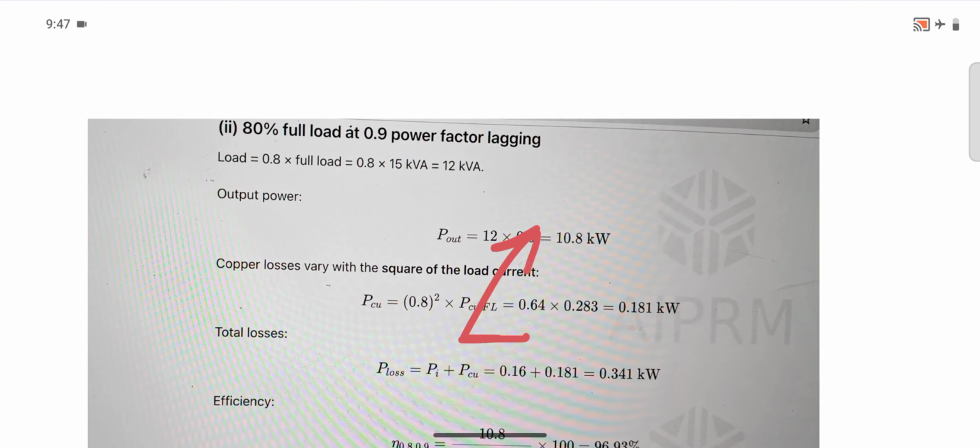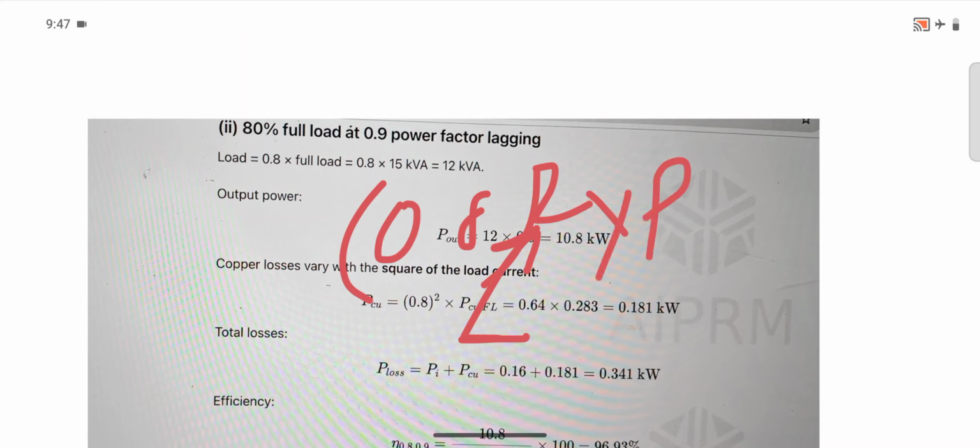So at 80% full load the copper loss will be 0.8 square into the copper loss at full load.